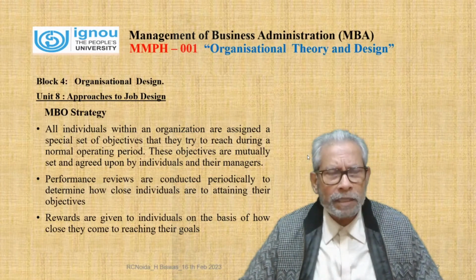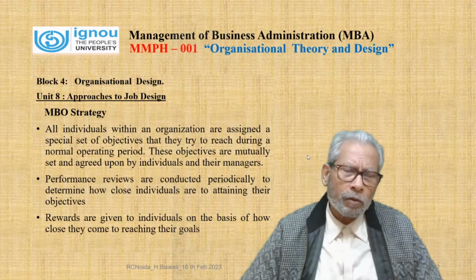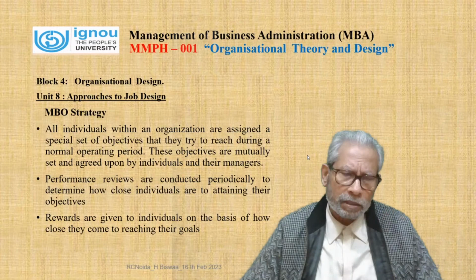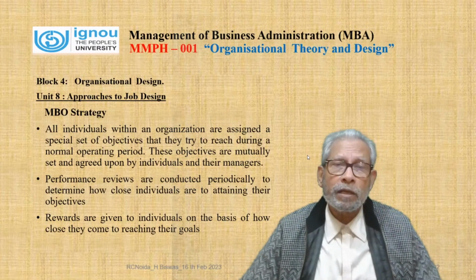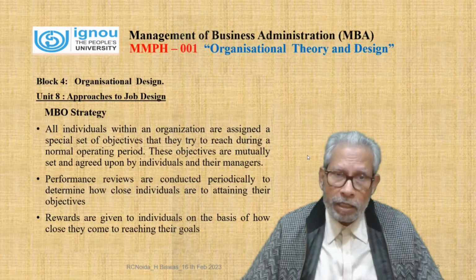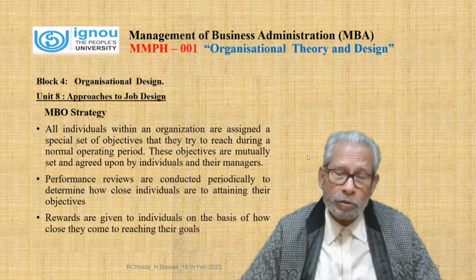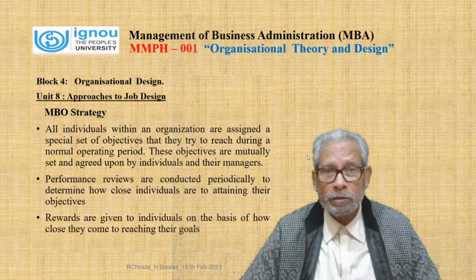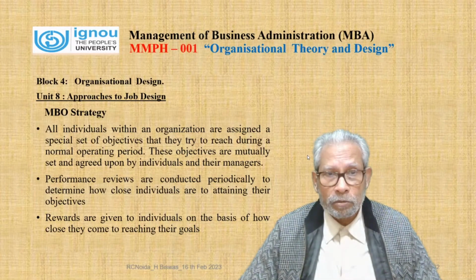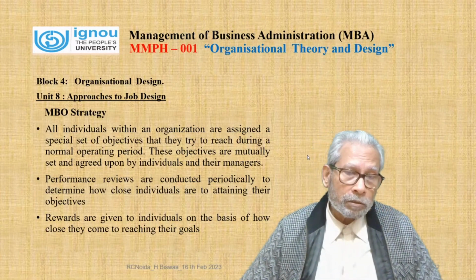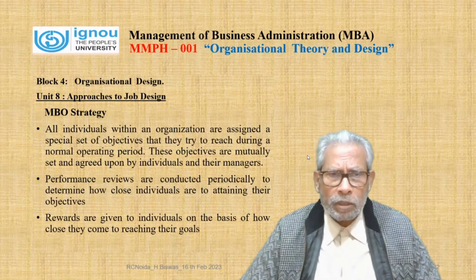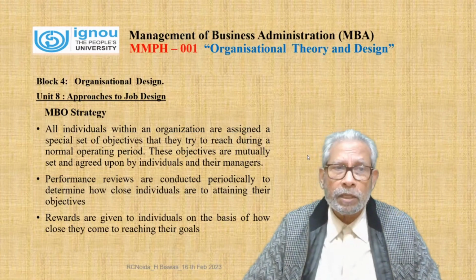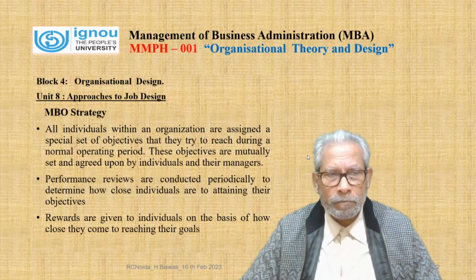Some sort of acceptance is there between the managers and the employees before starting the work, before giving the responsibilities, giving assurance from the individuals. You have to perform these things. You have to accept these jobs. So we have mutual understanding, mutual agreement. Rather, I can say the mutual agreement is there, it is set.